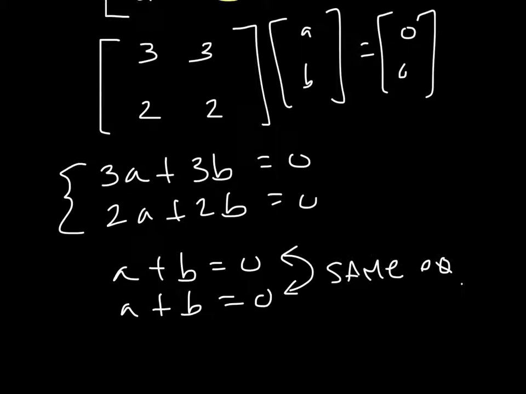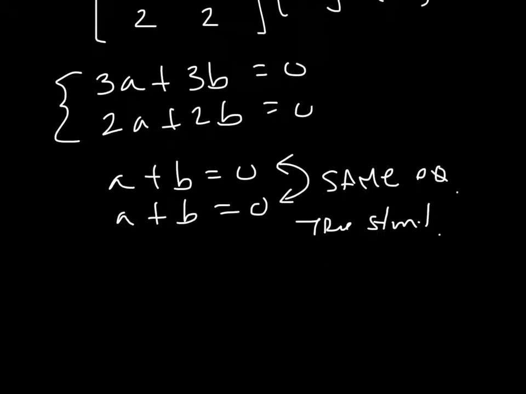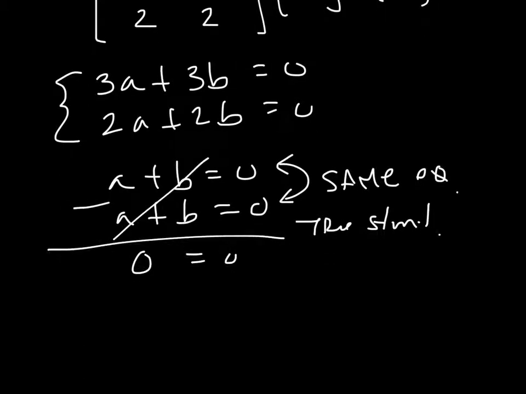So these are true statements. If you subtract the equations, you get 0 equals 0. But if you know they're the same, then it's obviously a true statement. We have infinitely many solutions.